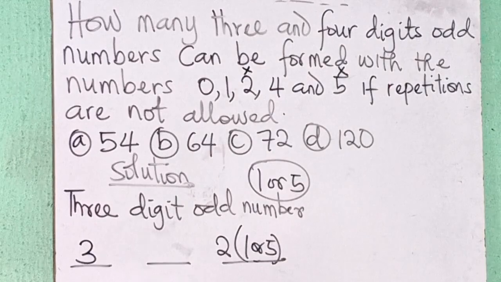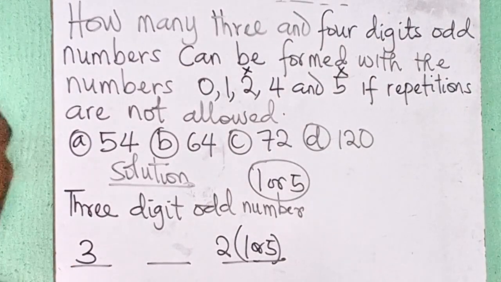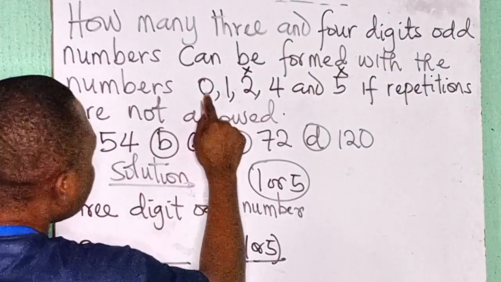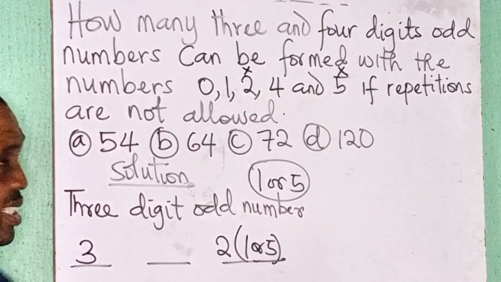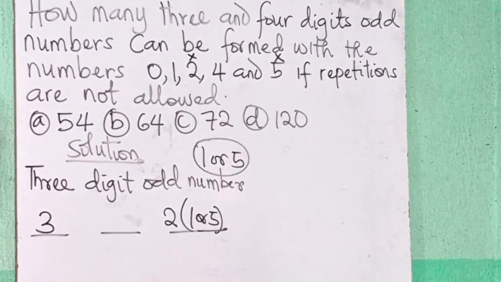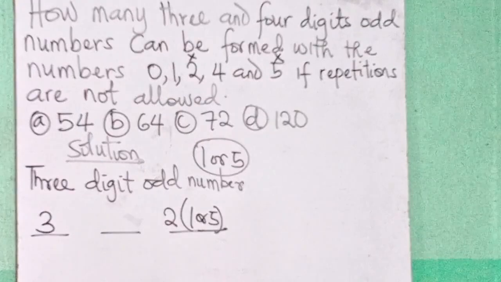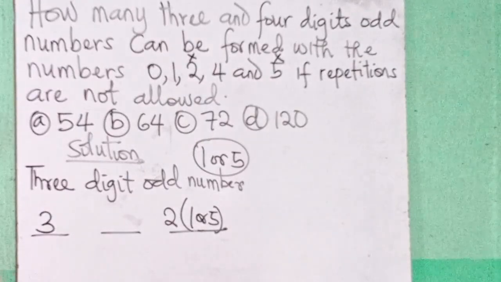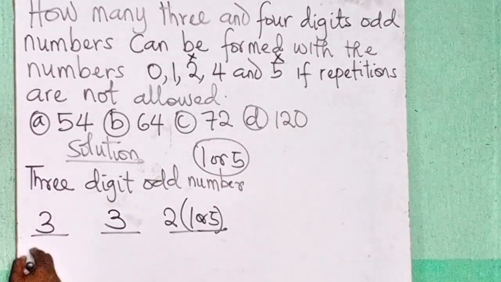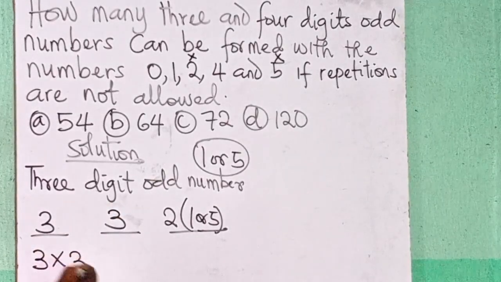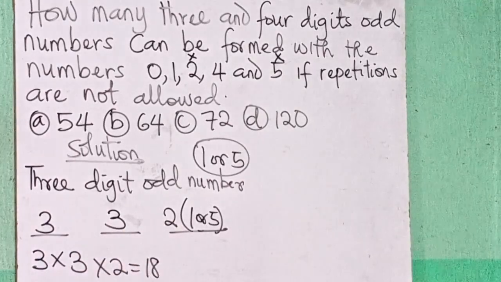What will be the choices for the second digit? The second digit can be 0, 1, or 4. So I'm having 3 choices. At the end of the day, it becomes 3 times 3 times 2. That gives me 18. Is that clear?